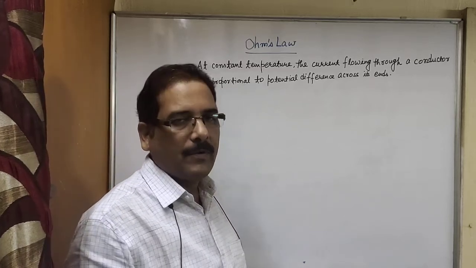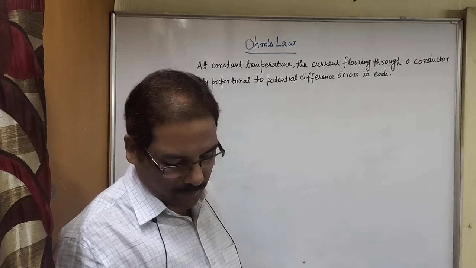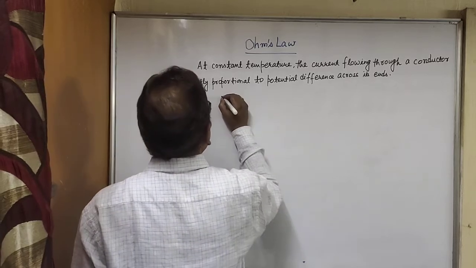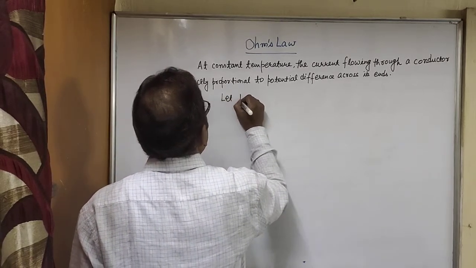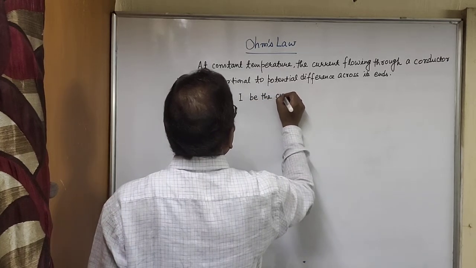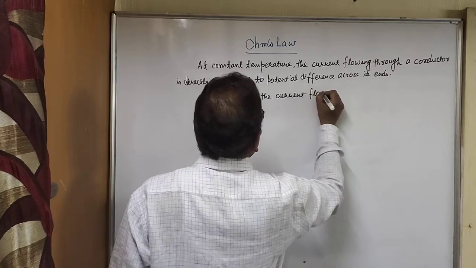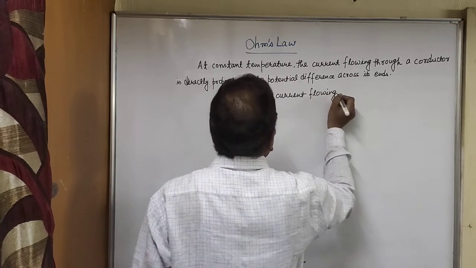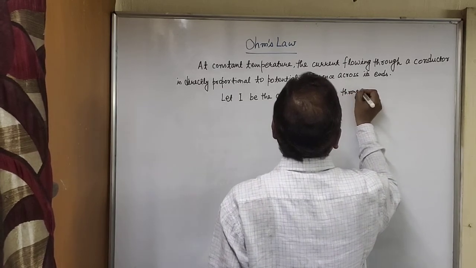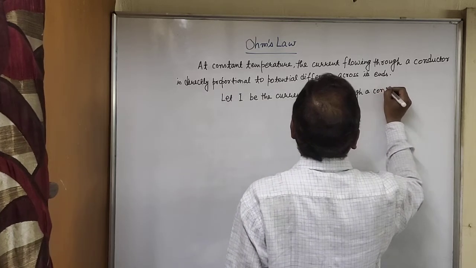Now we will write a mathematical expression for it. You can write, let I be the current flowing through a conductor.